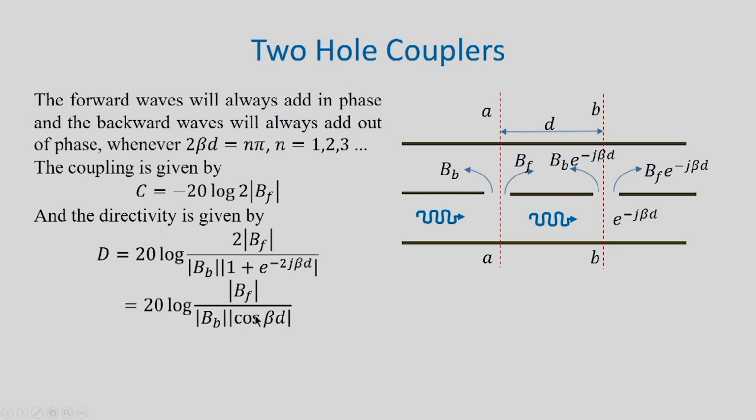and this can be written as: this term 1 plus e to the power minus 2 j beta d can be written as cos beta d. Therefore, D becomes 20 log mod B_f divided by mod B_b mod of cos beta d.